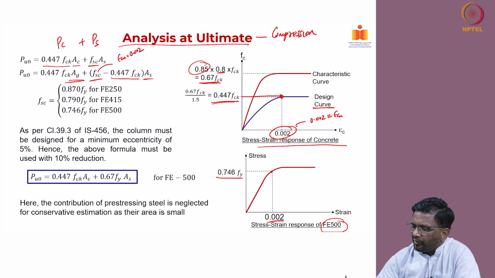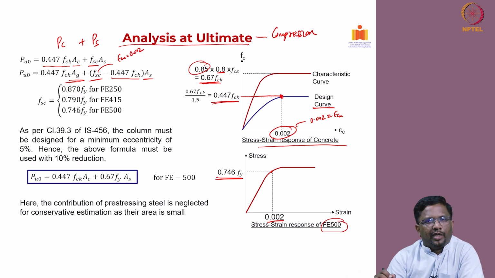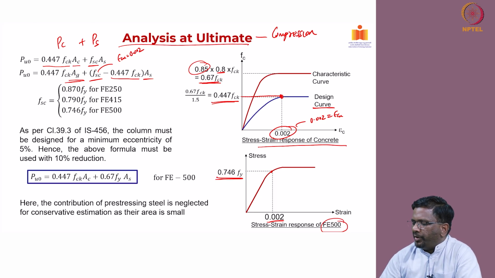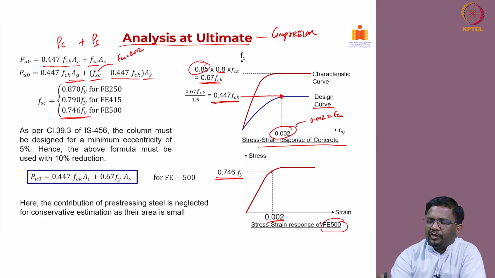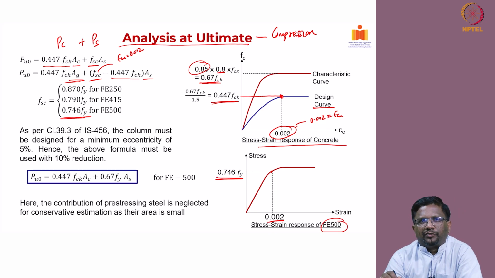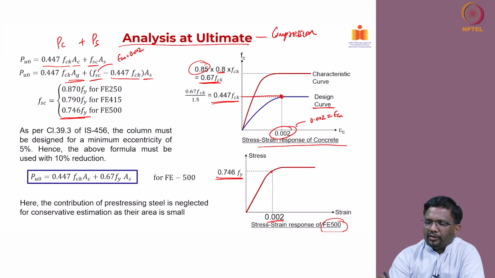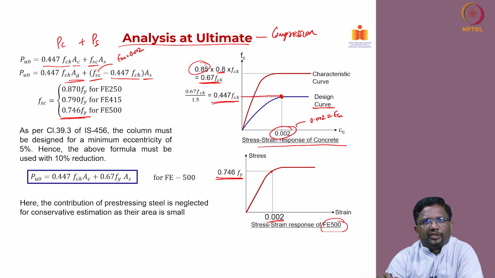We get a stress of 0.746 fy. The yield strength may be fy equal to 500, but at 0.002 we are getting only 74.6% of that 500. So, this is the stress that we need to use in our strength calculations for compression, right.